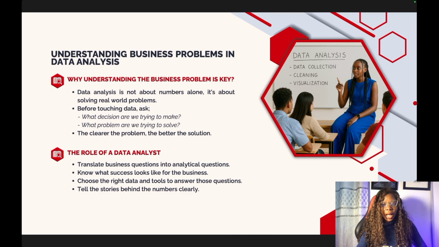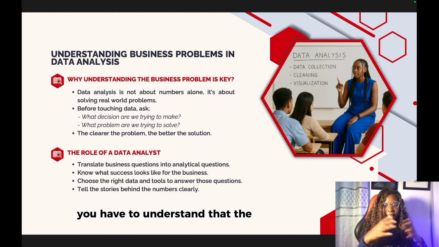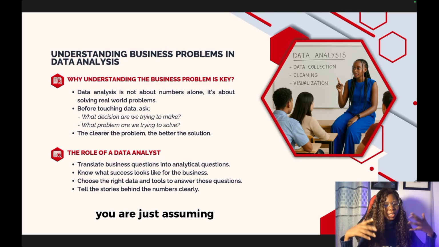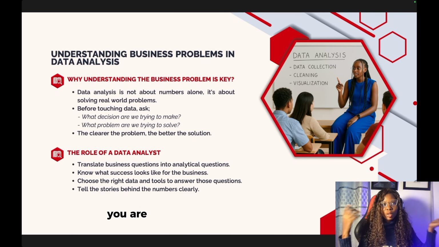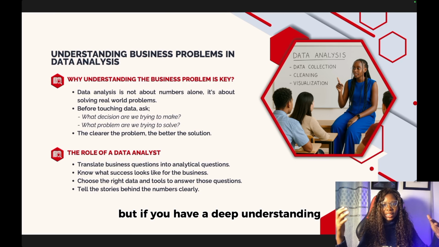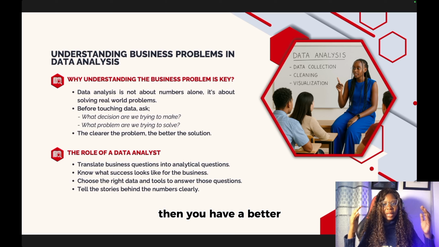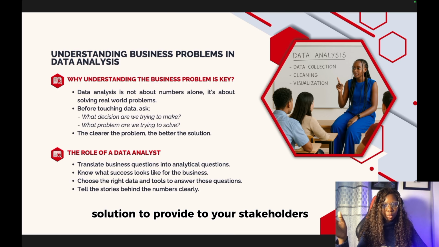Right. And also, you have to understand that the clearer the problem, the better the solution. If you don't understand the problem, you are just assuming that that's the problem. You're also going to assume the solution. But if you have a deep understanding of the problem that you are trying to solve, then you have a better solution to provide to your stakeholders.